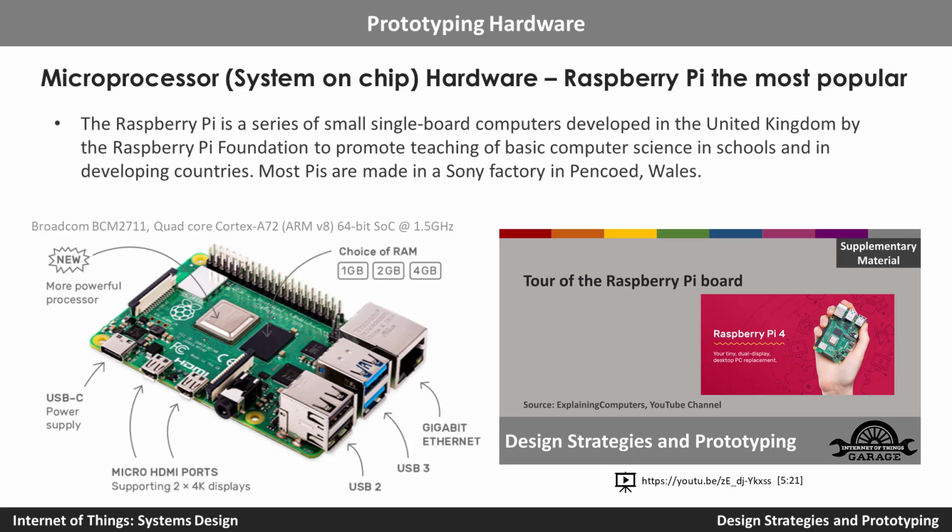Of course, you might want to think a little bit futuristically, like whether you need some upgrades or more capabilities over the next few years, but technically you shouldn't pick a system on chip board which has a larger amount of resources than you actually need.